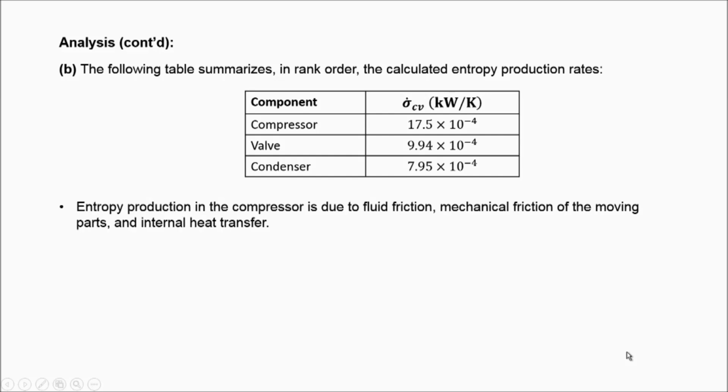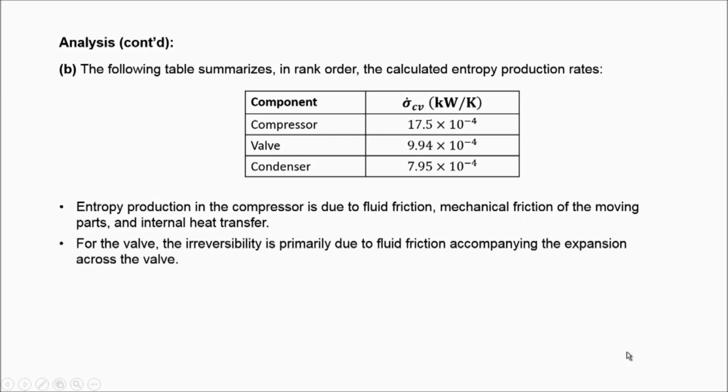In the compressor, the sources of entropy production are fluid friction, mechanical friction of the moving parts, and internal heat transfer. As for the valve, the irreversibility is primarily due to the fluid friction accompanying the irreversible expansion across the valve.